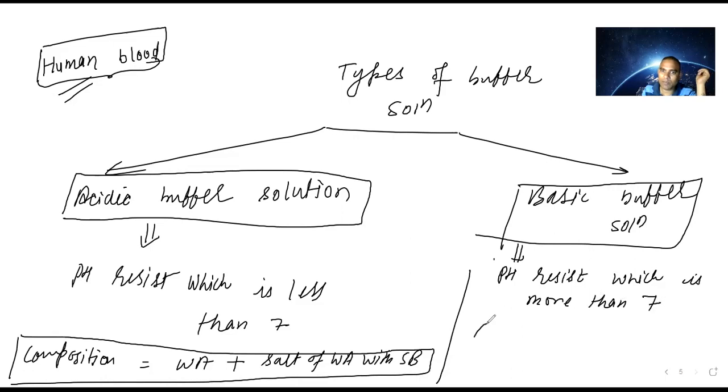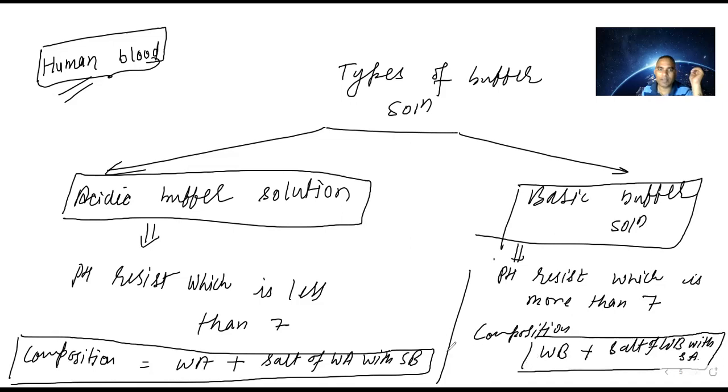The composition of a basic buffer is a weak base plus the salt of a weak base with a strong acid. Got it? Can you please make a note of it? You can do some of the problems based on it.